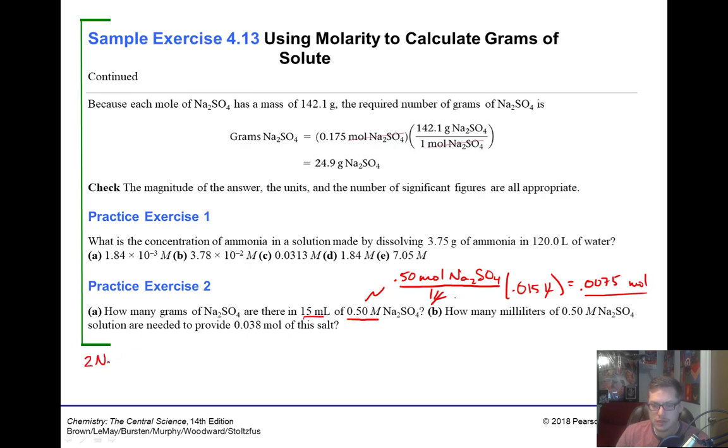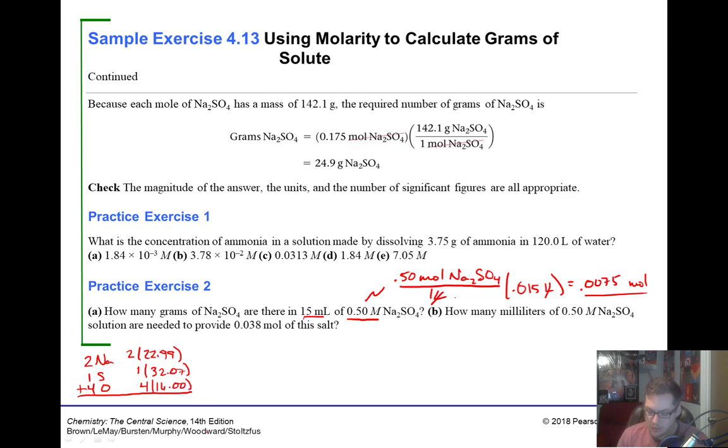So we've got 2 sodiums, 1 sulfur, and 4 oxygens. Sodium is 22.99, so we have 2 times 22.99 plus 1 sulfur, which is 32.07, and then 4 oxygens, 4 times 16.00.